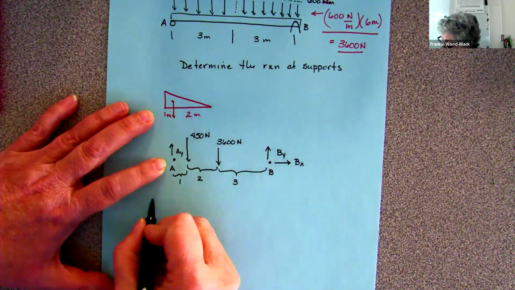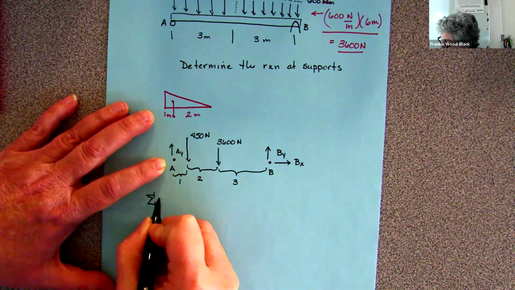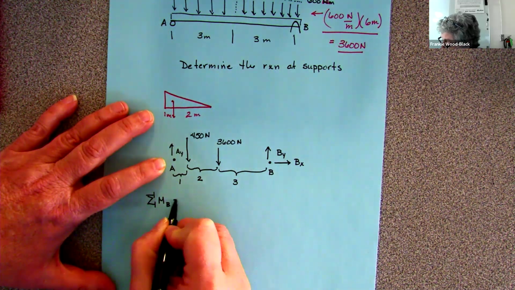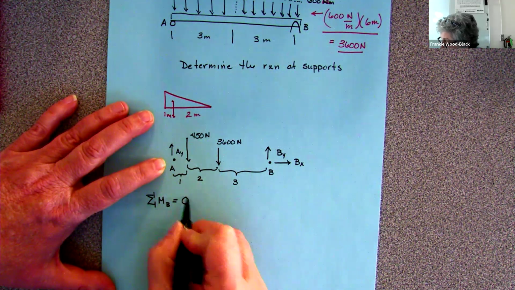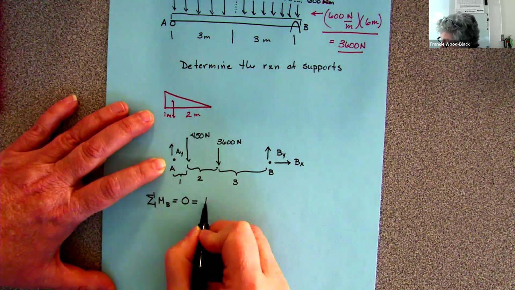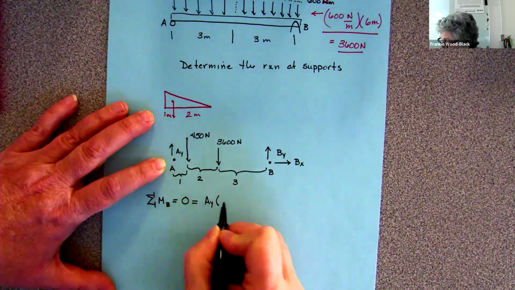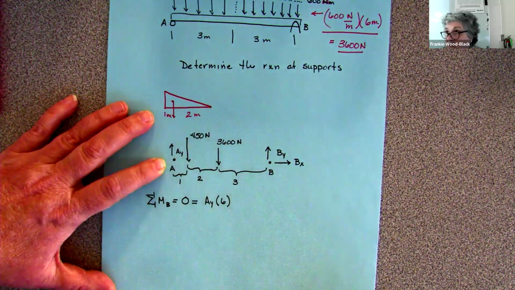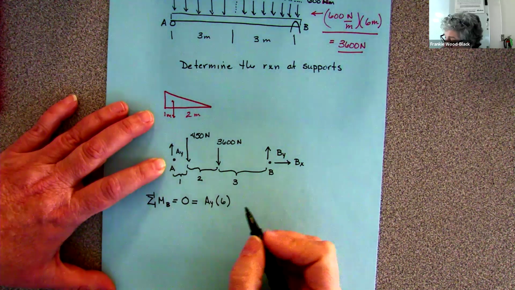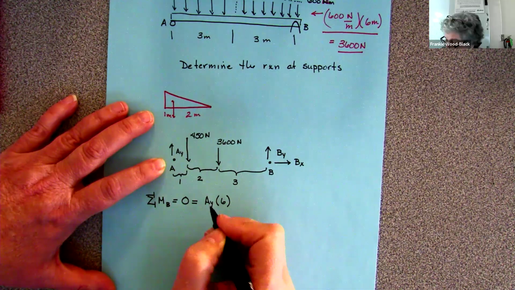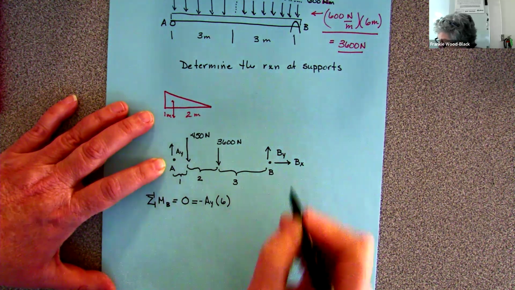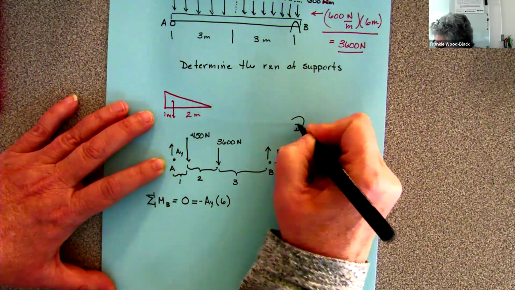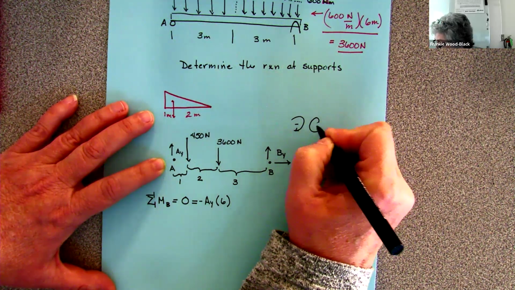If I do the moment about B, that's got to equal 0. I'm going to have my AY times 6, because I'm 6 meters away. It's going that direction, so it's got to be negative, because remember, this way is negative, this way is positive.